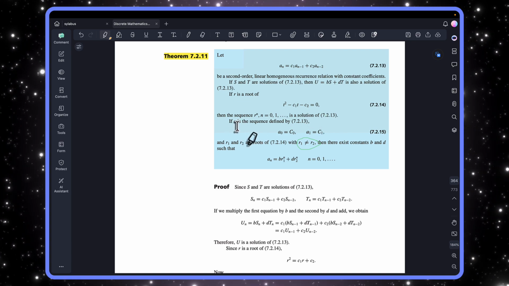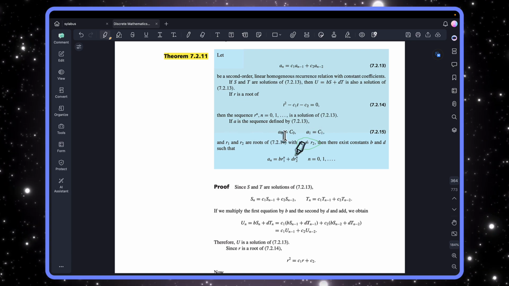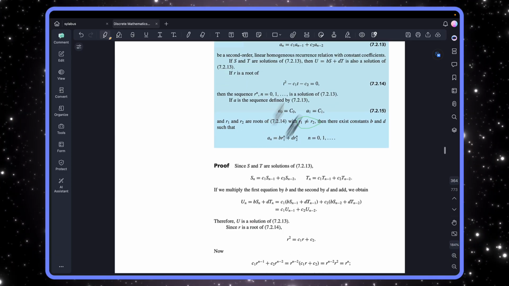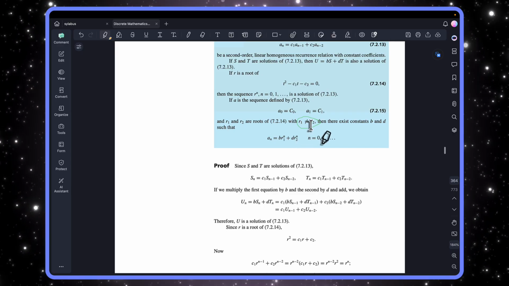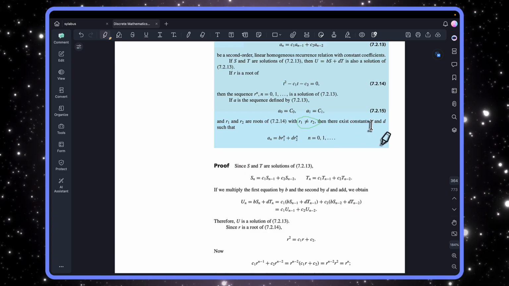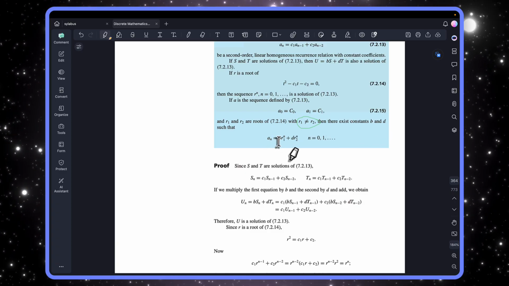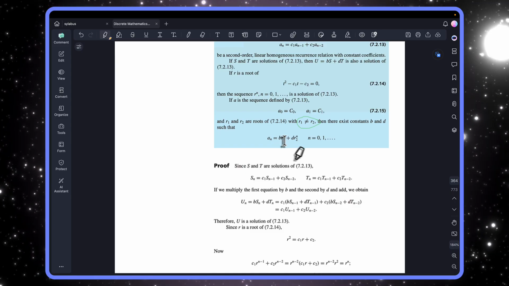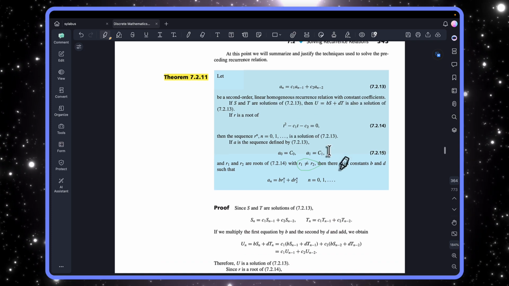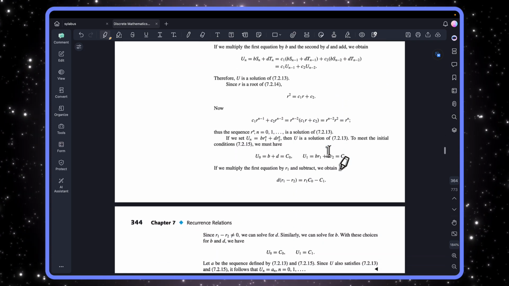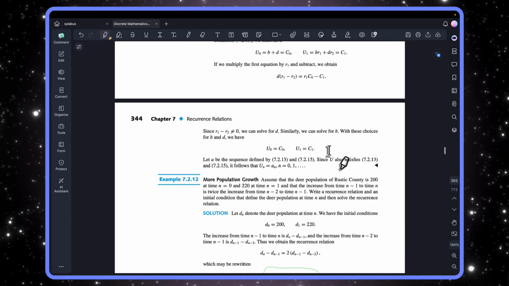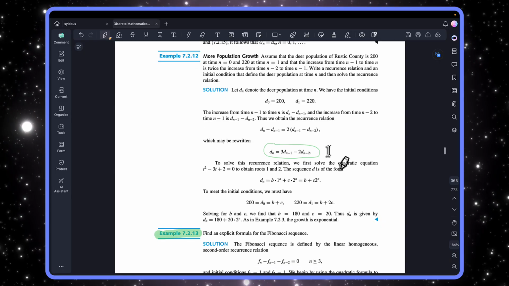So if A is a sequence defined by A0 equals C0, A1 equals C1, and R1 and R2 are the roots of this equation, with R1 not equal to R2, that's how we get we need two unique roots, then there exist constants B and D such that A sub n is B times R1 to the n plus D times R2 to the n. So this is how these get solved. There's a proof of it right here, and it basically follows through what we did in the example. It's kind of a miraculous example.